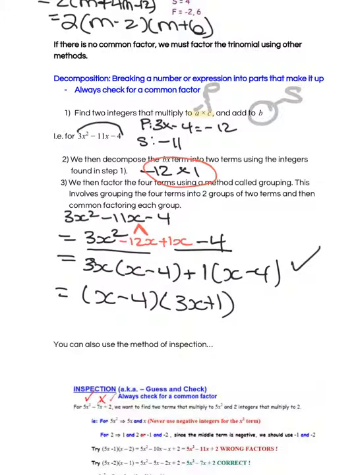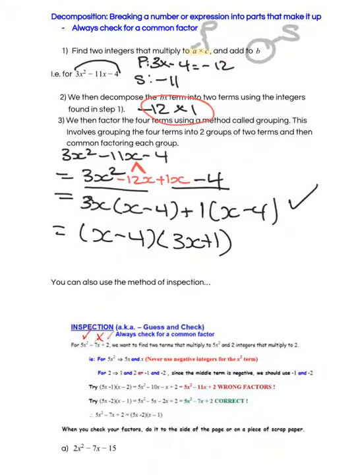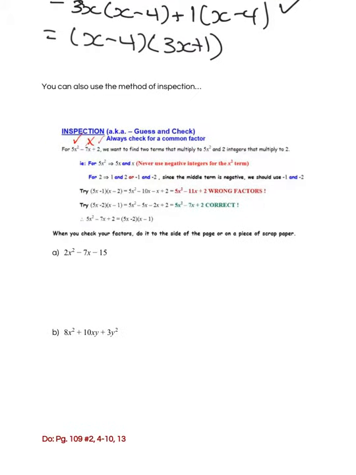We can also use the method of inspection. I do not recommend the method of inspection because it's guess and check. However, you can do things more than one way. So in guess and check, you are looking for two numbers that when you multiply them together in this example, they give you 5x squared, and two numbers that multiply to 2.